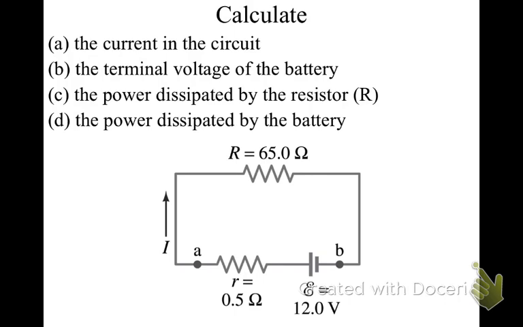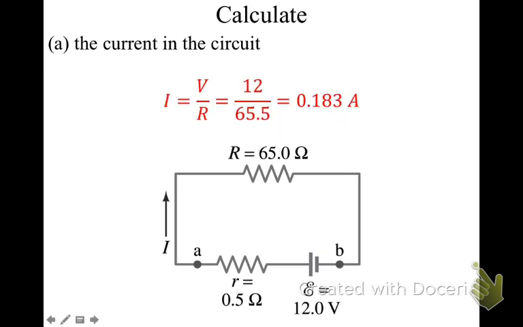To find the total current in the system, we need to remember that we do not have just one resistor, but two. So the voltage dropped across the circuit is 12 volts, but we're dropping it over 65 and a half ohms, because we're putting that in series with the half-ohm resistor in the battery.